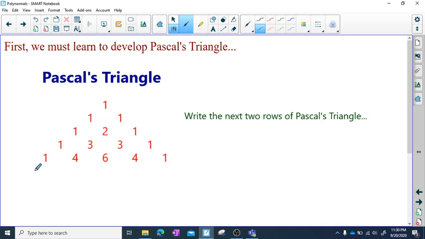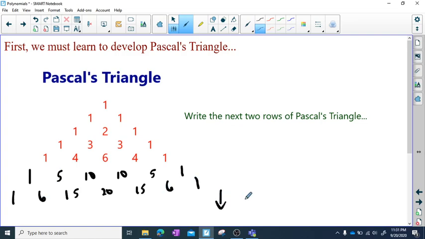Every successive row is found by looking at the two numbers above and adding them. 4 and 6, 10. 6 and 4, 10. 4 and 1, 5. Next row would be 1, 6, 15, 20, 15, 6, and 1. Make sure you always put the sum of these two in between them, and that will give you that triangle effect as this goes on.